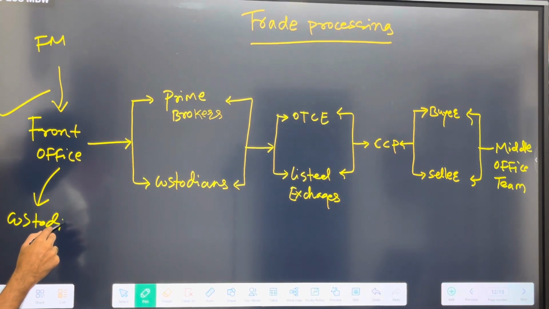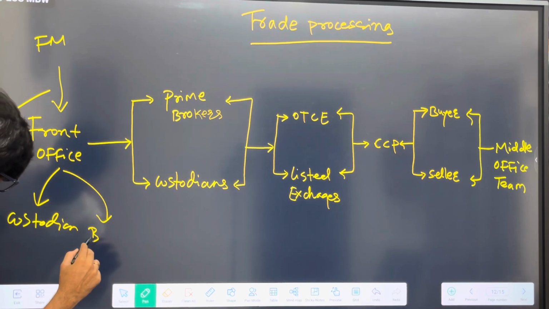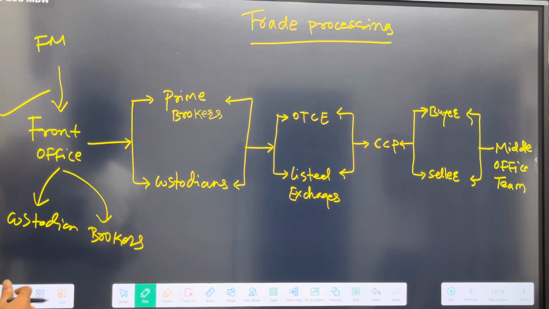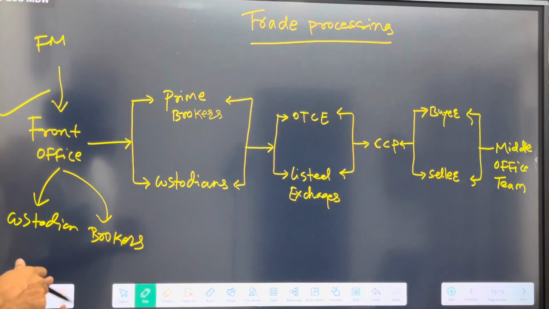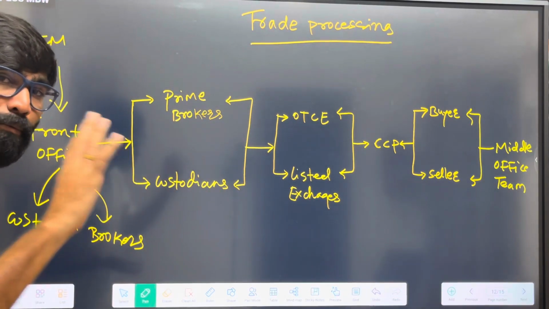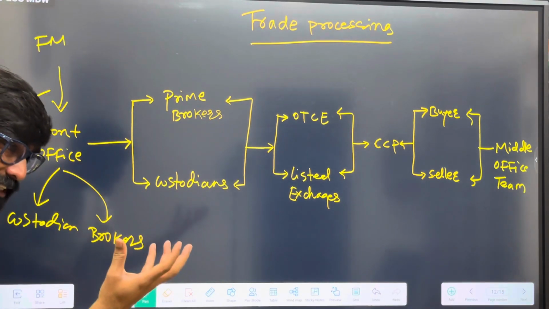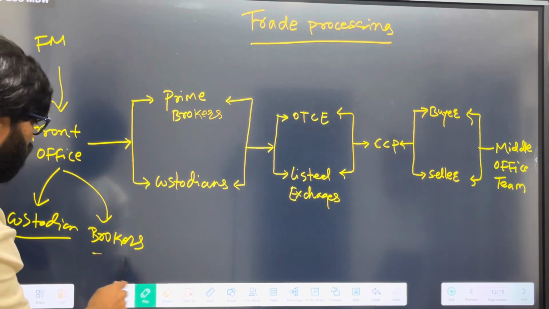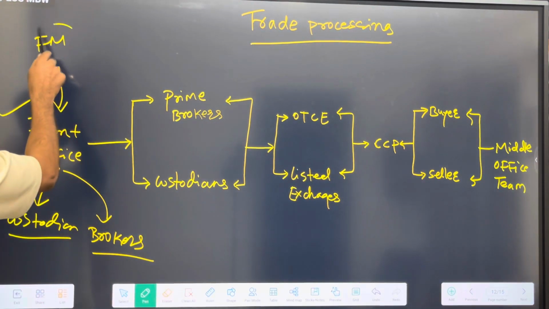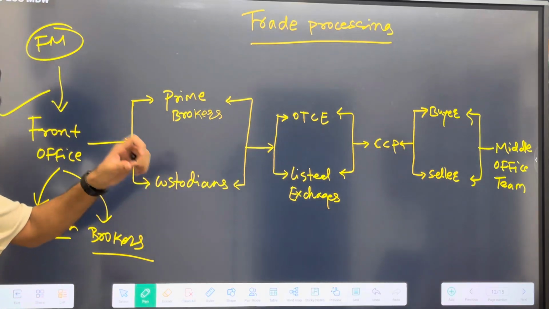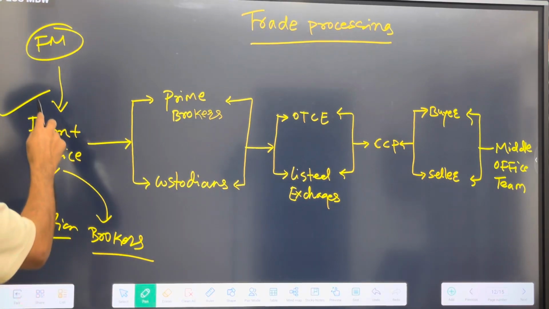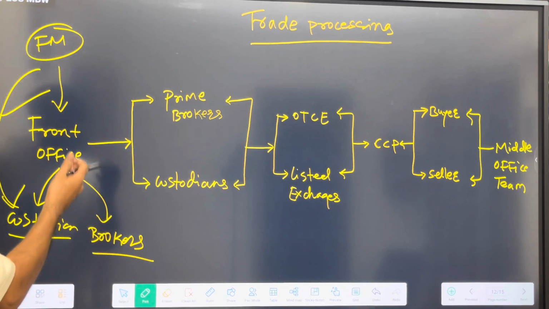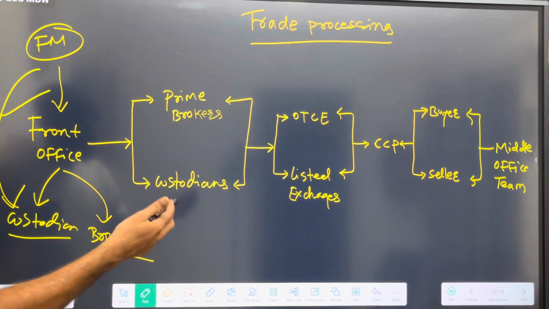Custodians and brokers are needed, because without custodians and without brokers, fund managers cannot purchase the securities. It's simple because it's a mandate requirement as per regulation. If you are a fund manager, or an institution, or a fund or AMC, then you should have a custodian as well as prime brokers, who can help you to buy and sell the securities.